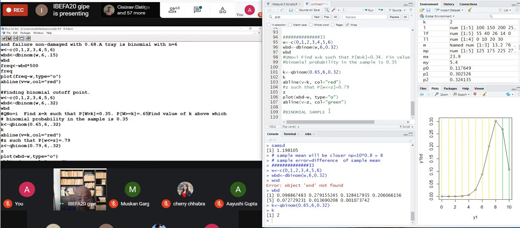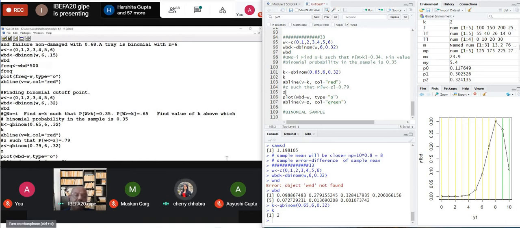Is it clear now? Sir, I think you have used the wrong sign. It would be less than. Sorry, yes, corrected it. This is the meaning, and this is what we have been doing in our earlier examples. So qbinom will give you k for probability 0.65 is the syntax.